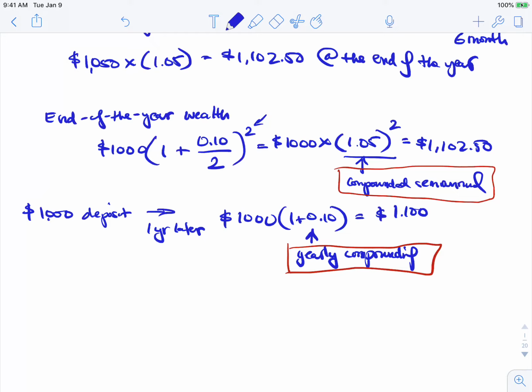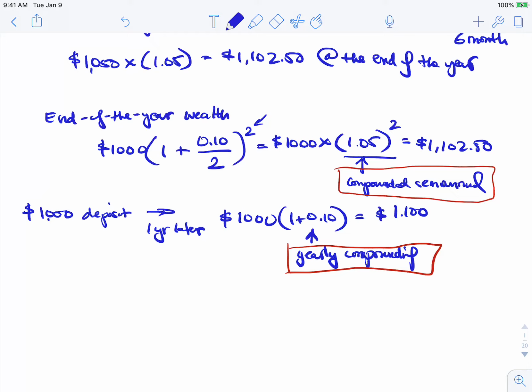So note that the future value at the end of year one is greater with semi-annual compounding than with yearly compounding. With yearly compounding, the original $1,000 remains the investment base for the full year.